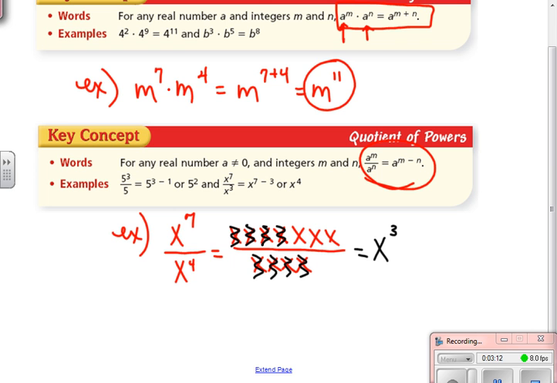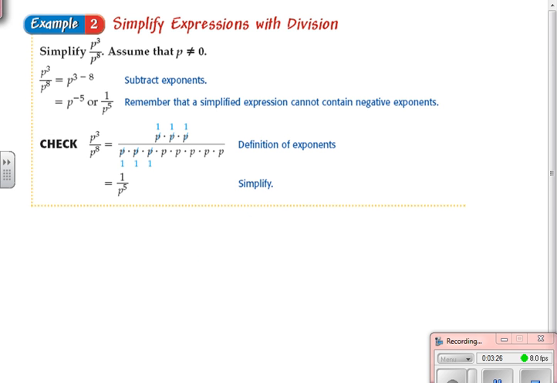But that's a lot of work. So instead, we can just subtract the exponents. Now remember, if our denominator is bigger, there is that negative, please move me, rule. So that's what we've got going on here.